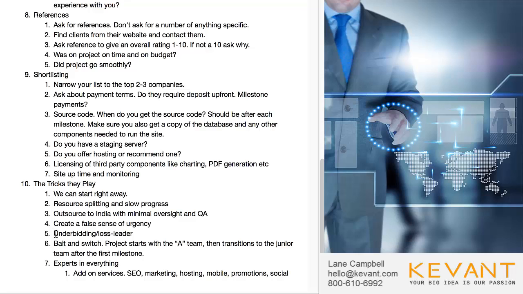Let's say that your project, if they were to bid it fairly, is a $20,000 project. They'll bid it at $8,000 or $10,000, some significantly reduced amount. And then maybe a third of the way, or half, or two-thirds of the way through the project, they'll come to you and say, hey, we underbid your project, and we're going to need another $5,000, another $8,000, whatever.